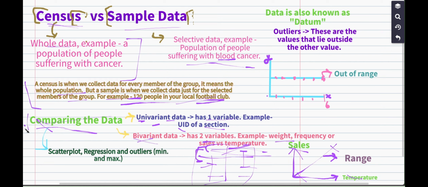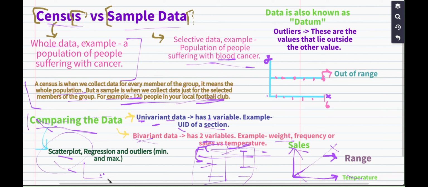And what is the role of comparing the data? Why do we compare the data, right? You know that in data visualization we have to make graphs like the scatter plot, box plot, pie chart, and other graphs also. In the scatter plot we have to compare the y and x axis, right?